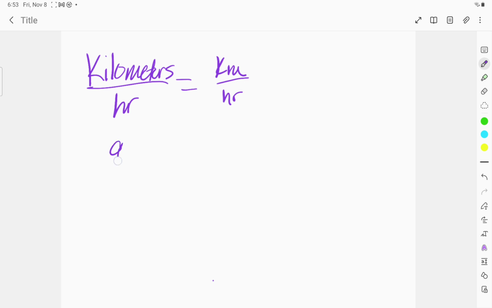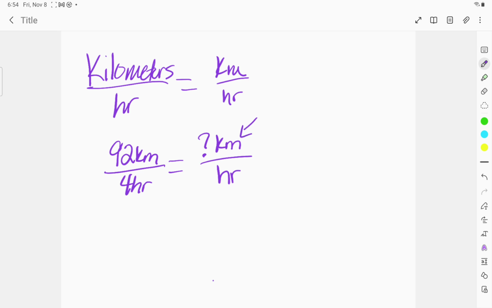So on the left side, I'm going to say 92 kilometers over 4 hours. That's how fast he went, that's how many hours. And it's going to equal how many kilometers per hour. So this kilometers is our x. I'm going to erase that and put that x there.